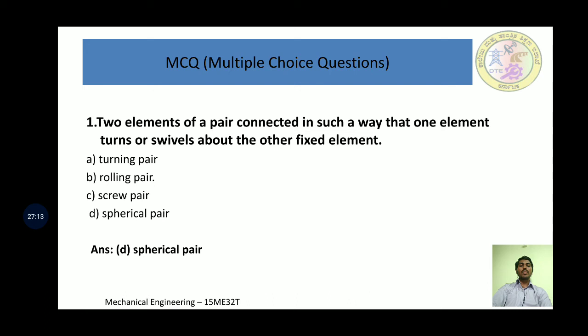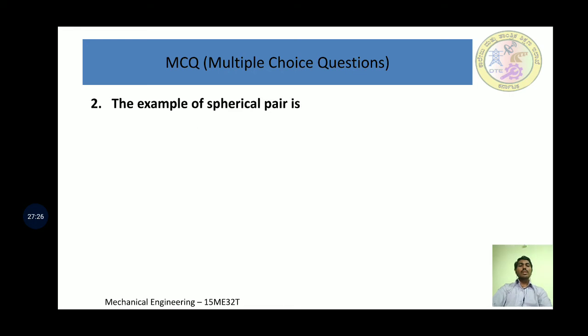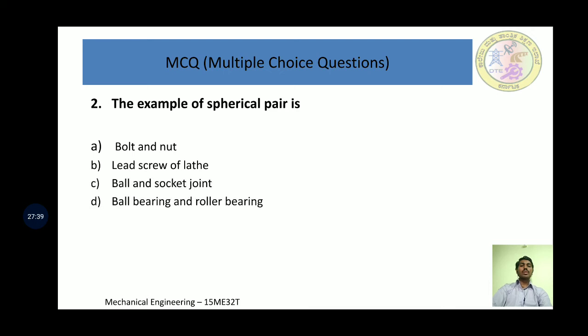In screw pair, there is a turning as well as a sliding motion between them. So the correct answer is spherical pair. Examples of spherical pair are bolt and nut, lead screw of lathe, ball and socket joint, ball bearing and roller bearing.